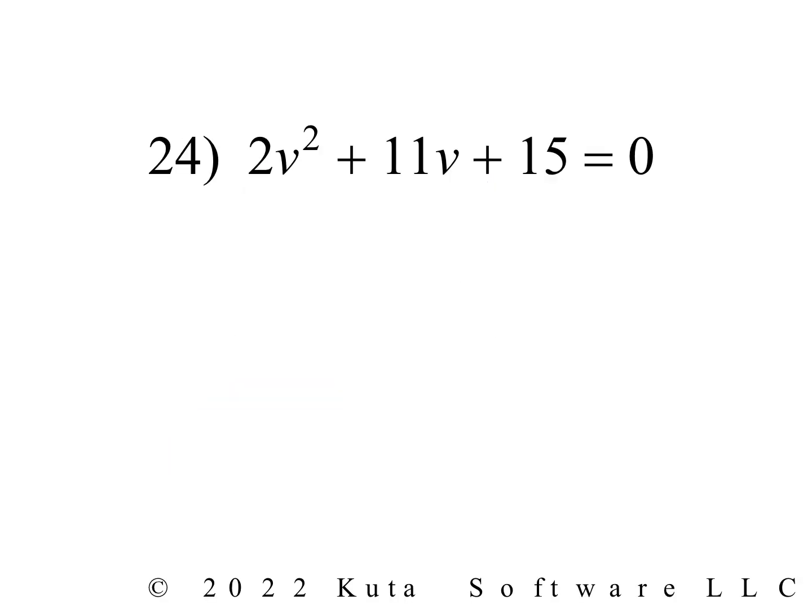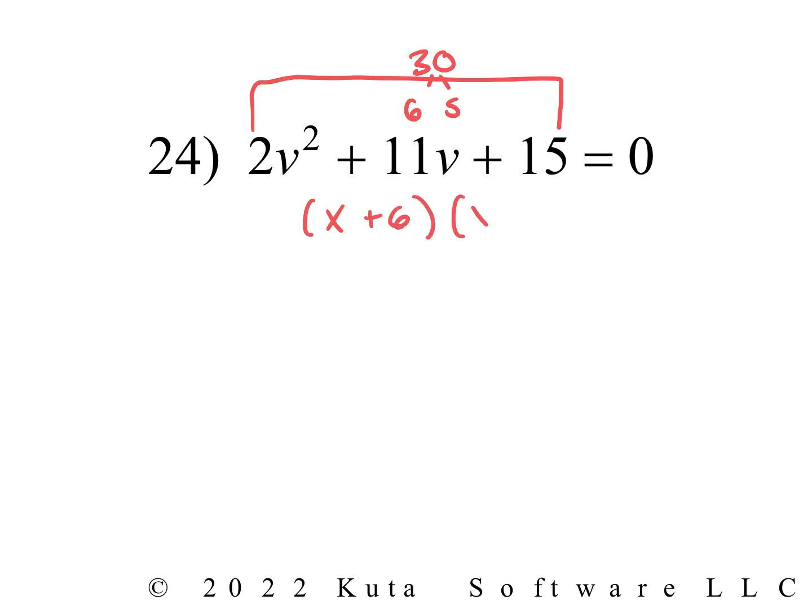What do I do first for 24? Multiply the first times the last. So 2 times 15 is 30. What are 2 factors of 30 that add to 11? 6 and 5. So in my parentheses, I have x plus 6, x plus 5.